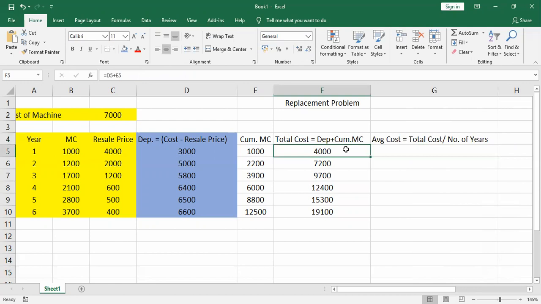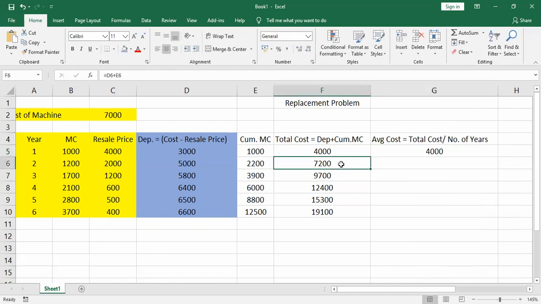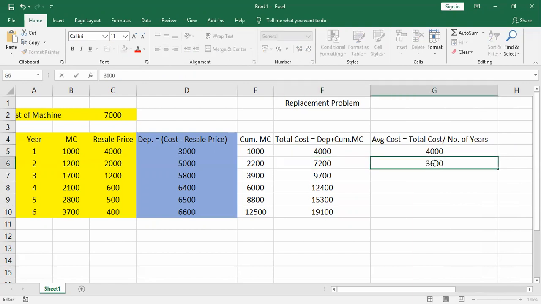So 4,000 rupees is spent in 1 year. So average cost is 4,000. Right. 7,200 rupees is spent in 2 years. That means average cost per year is 7,200 divided by 2, which is 3,600.